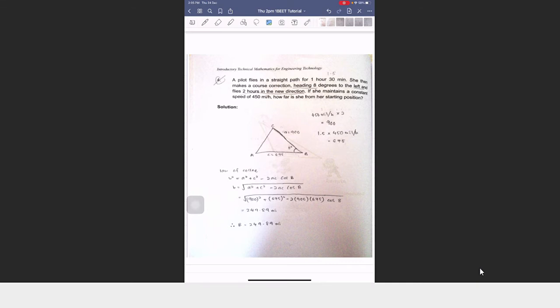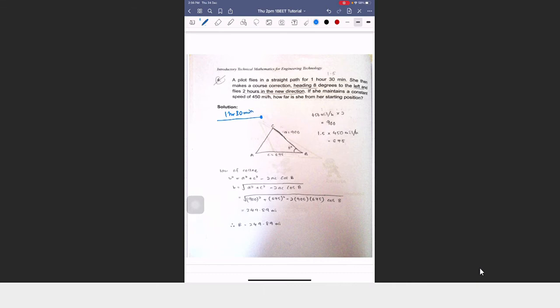Let's say the pilot starts from one point, here, the starting point. Then she flies in a straight path for 1 hour 30 minutes. Let's say it's a straight path to the left for 1 hour 30 minutes.